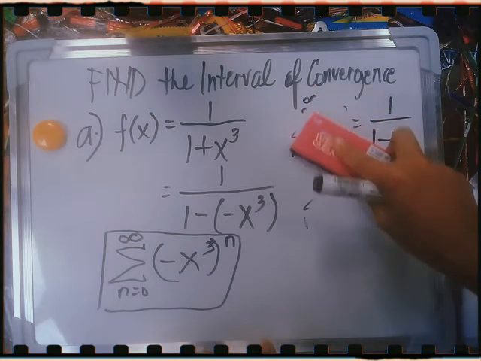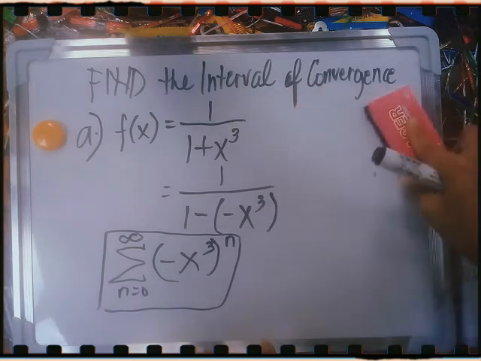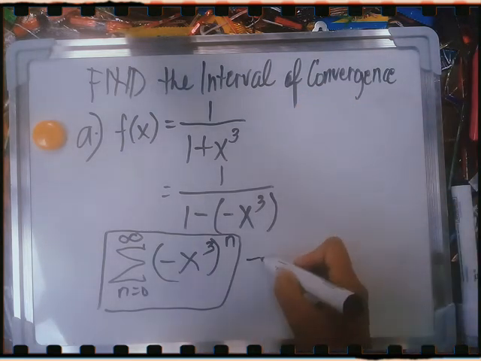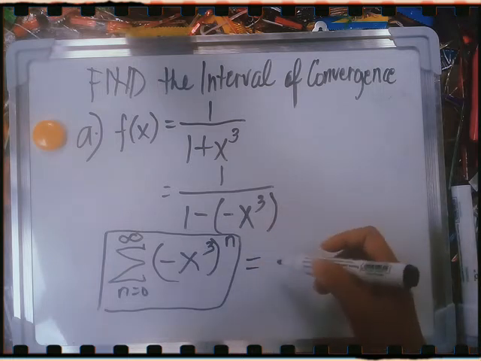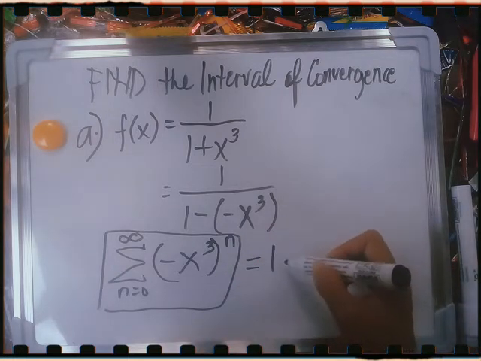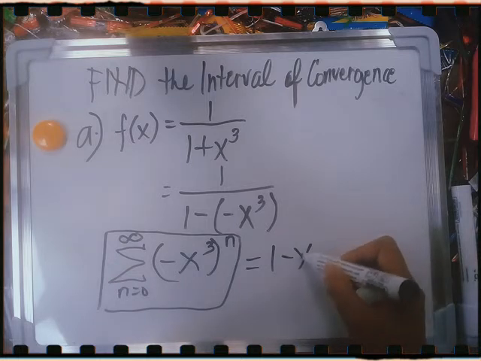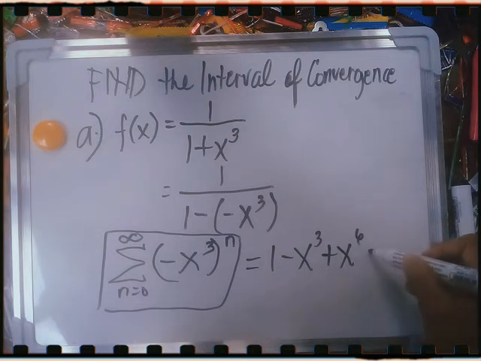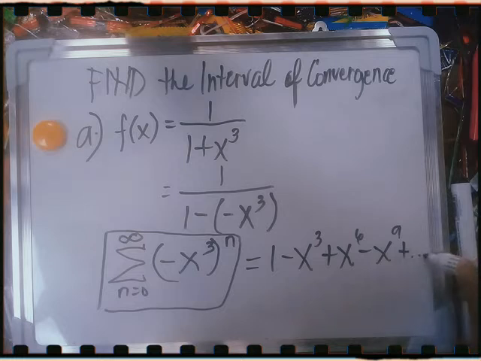And in this series, if we were to plug in the values of n from 0, we have 1, negative x cubed, it's alternating, plus x raised to 6, minus x raised to 9, plus, and so on and so forth.